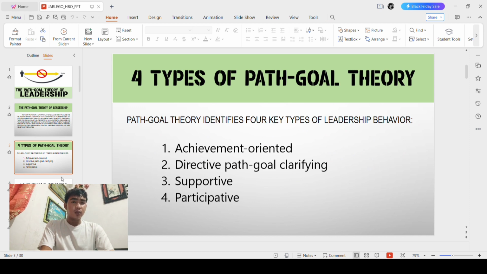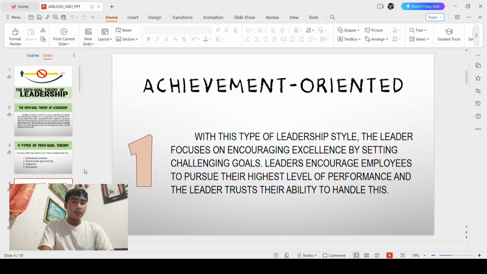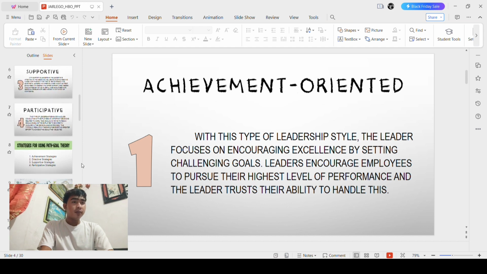So let's proceed to the achievement-oriented goal. With this type of leadership style, the leader focuses on encouraging excellence by setting challenging goals. Leaders encourage employees to pursue their highest level of performance, and the leader trusts their abilities to handle this.